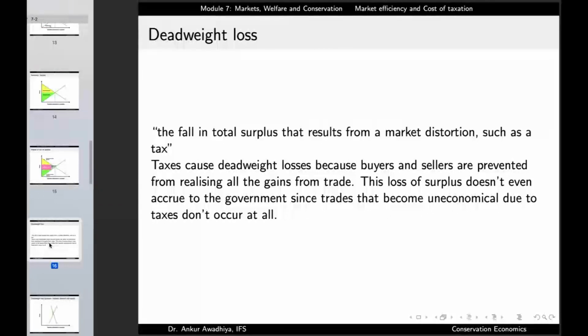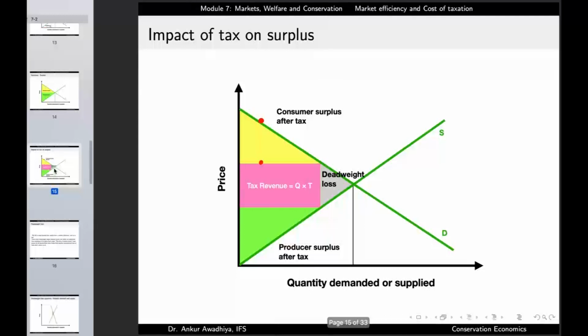What we are saying here is that earlier, if we look at a point, say this one, so we are looking at this line. In this case, where the line touches the supply curve, this was the cost to the seller to produce the good.